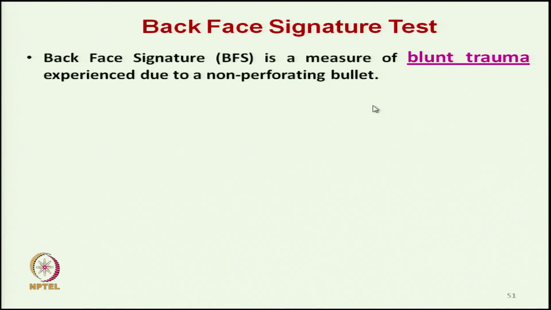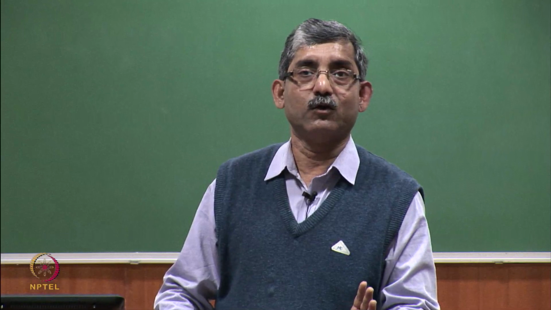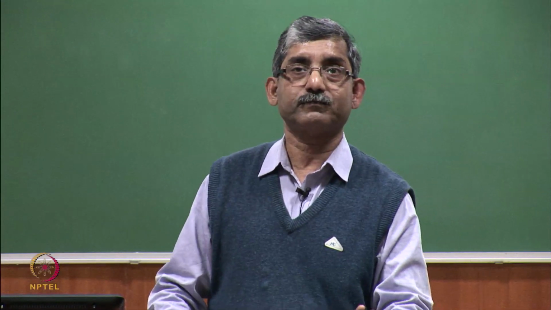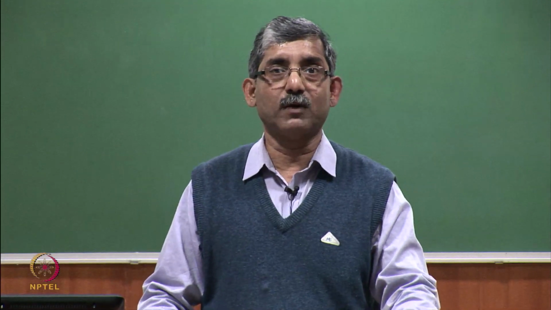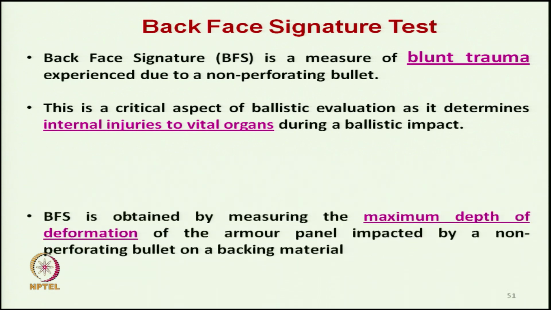Once a bullet perforates, it enters the body, but for a non-perforating bullet the blunt trauma is measured. This is a critical aspect of ballistic evaluation, as it determines the internal injury to vital organs during ballistic impact. It may damage our body without penetration.